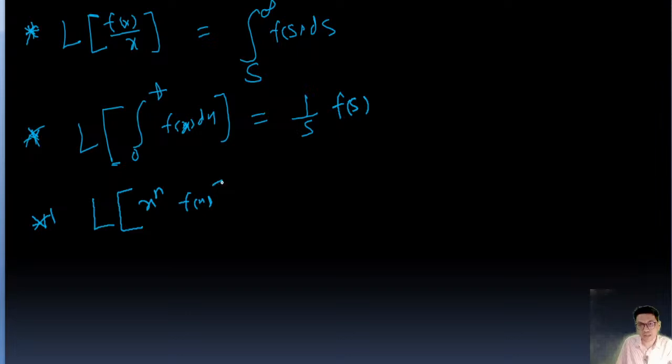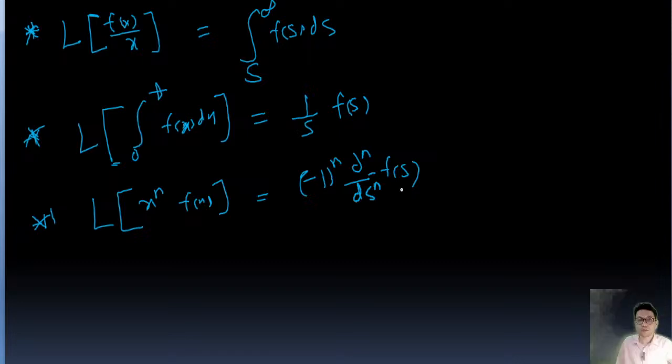This is minus 1 to the power n, d to the power n over ds to the power n of F(s). So the Laplace transform of x to the power n f(x) is going to be minus 1 to the power n d^n over ds^n F(s). This is the property.